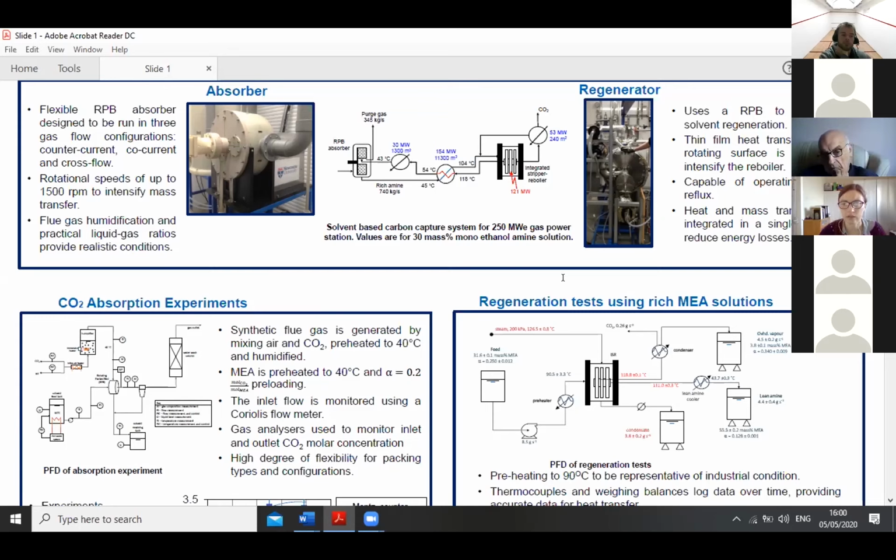So yeah, I was just curious about how big is the difference by using a rotating bed in comparison with a fixed bed? So in terms of size reduction? In terms of the capture, like how much does it affect the capture capacity of the whole unit, and also is the energy that you need to put into the rotating bed worth this increase or decrease of the capture capacity?